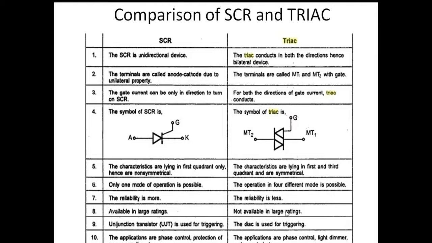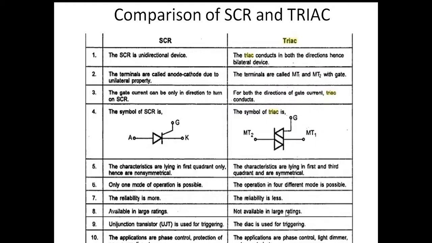One extra precaution we need to take while operating with a triac is that it conducts in both the half cycles, positive and negative. So while giving the trigger pulse to a triac, we need to take utmost care because it may conduct for positive gate pulses and negative gate pulses.